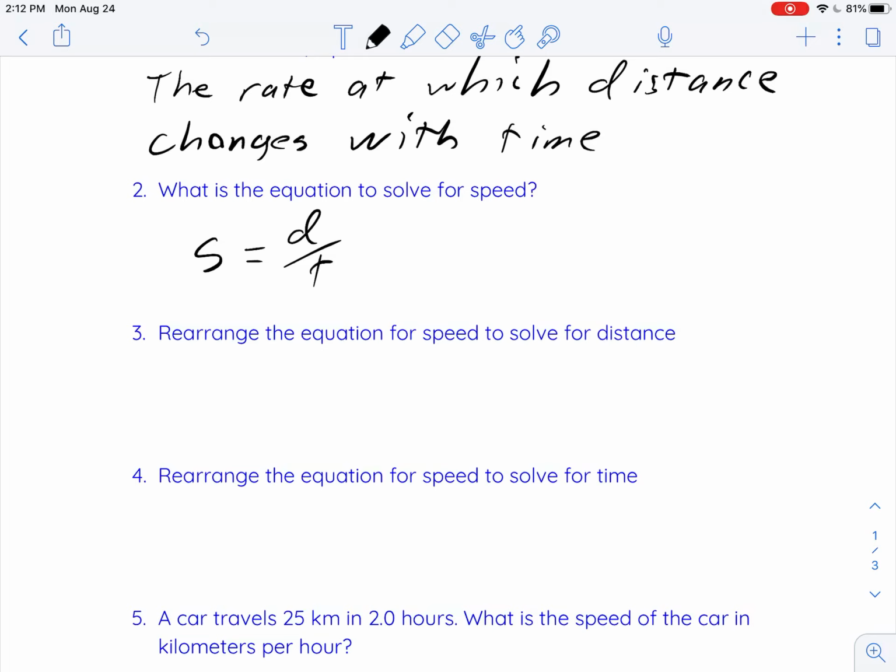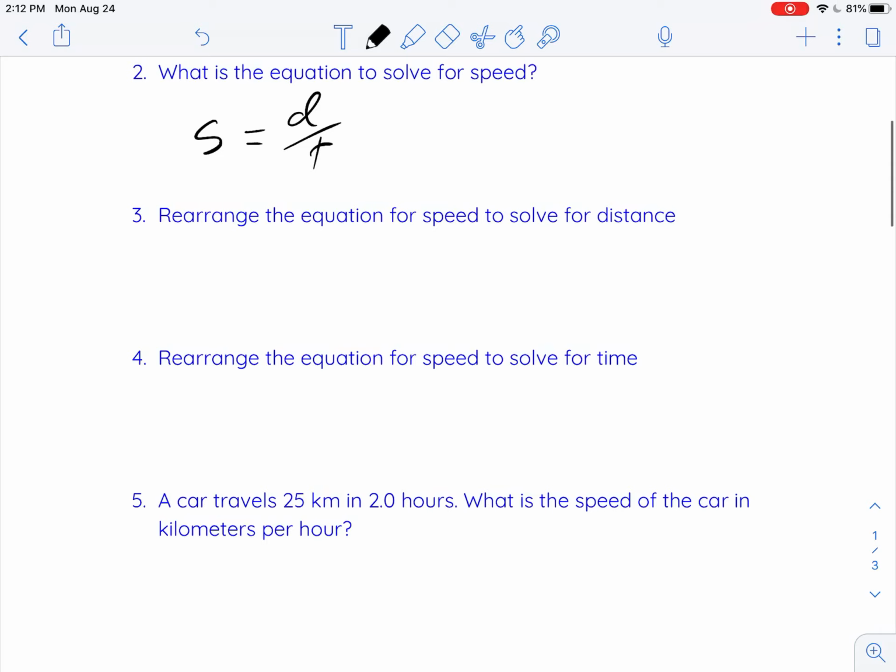Number 3, rearrange the equation for speed to solve for distance. Okay, so just so you can see the steps, I'm going to start by rewriting that equation that I just wrote above. Speed is distance divided by time. And it says to rearrange it to solve for distance. So we want to isolate the d variable. Right now we are dividing distance by time. So to get that time out of the denominator, I'm going to multiply by the time.